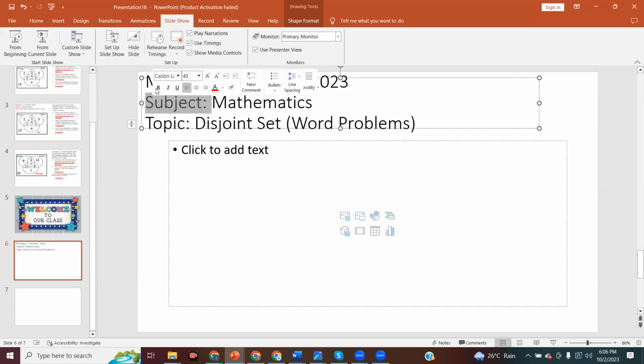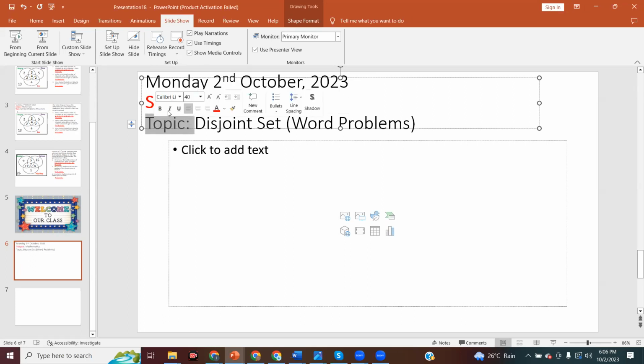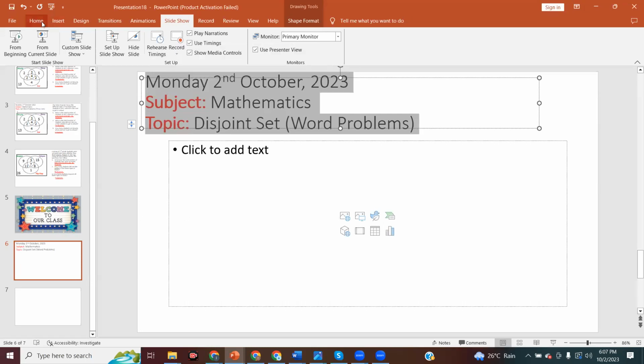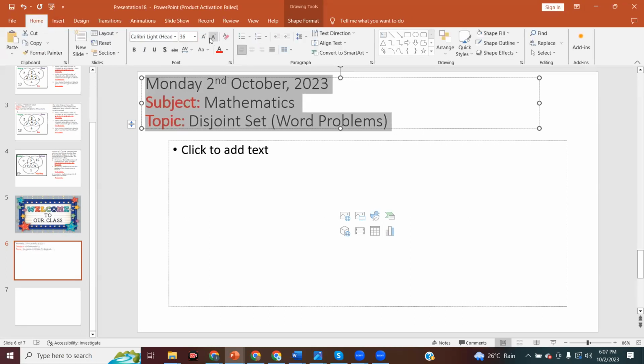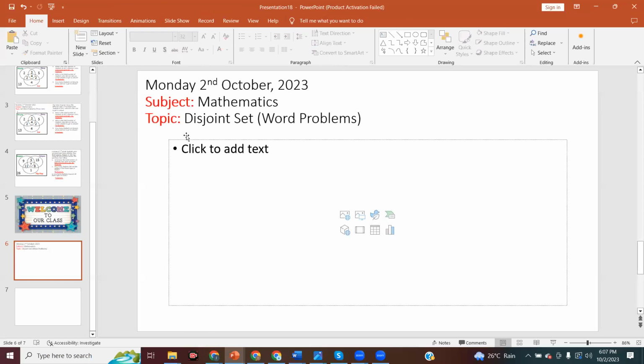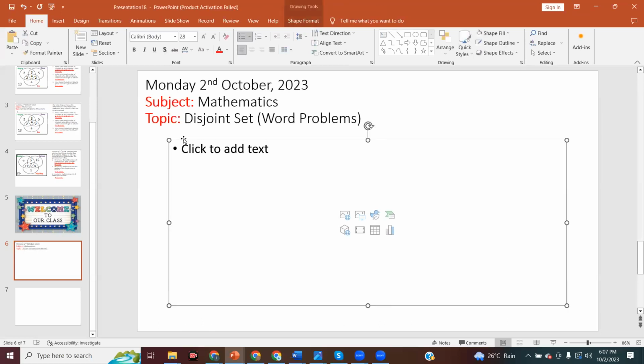I know we've been on sets for probably 3 or 4 weeks, so I think you all have a rigorous understanding of sets, and I'm very glad about that. However, we haven't looked at everything. What we haven't done is look at a problem where we had disjoint sets and had to answer questions based on them.